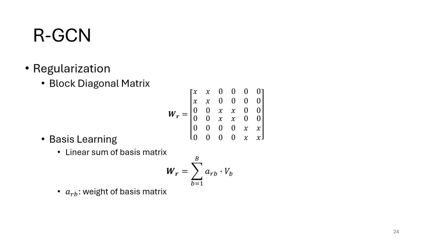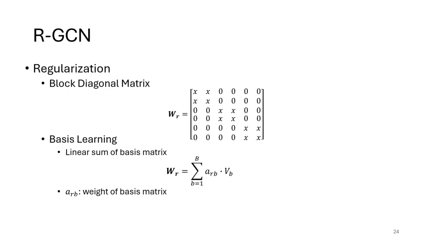Modeling as described above has the disadvantage of creating too many parameters because weights are assigned to each relationship and layer. To address this, two methods were applied. One method is to convert the weight matrix into a block diagonal matrix.